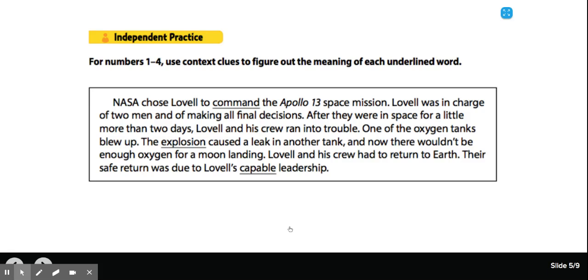After they were in space for a little more than 2 days, Lovell and his crew ran into trouble. One of the oxygen tanks blew up. The explosion caused a leak in another tank, and now there wouldn't be enough oxygen for a moon landing. Lovell and his crew had to return to Earth. Their safe return was due to Lovell's capable leadership.